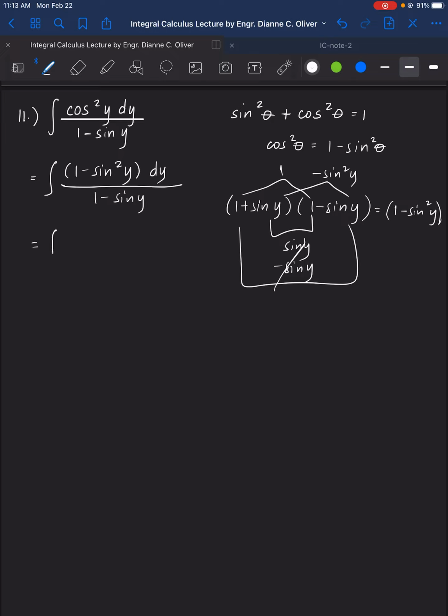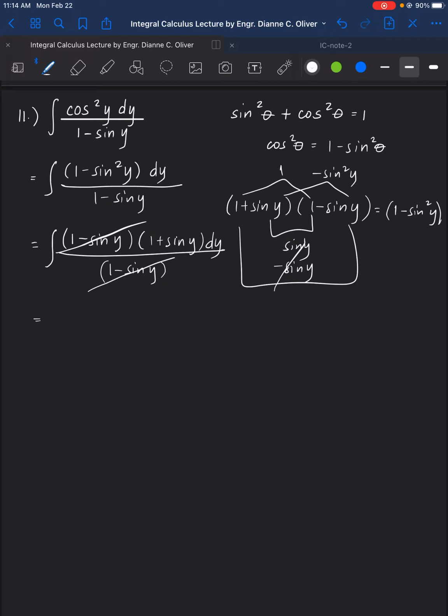So here, this is 1 minus sine y times 1 plus sine y dy over 1 minus sine y. So we can cancel this one out.